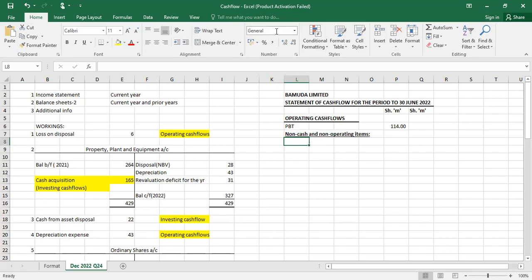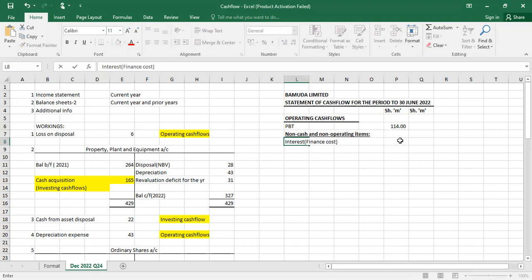Now, this is what we said, that we should start with the profit before both interest and taxation. But as we started with the profit before tax, which is after interest, now we need to make an adjustment for the interest. The interest is the finance cost, so that we make our profit be profit before both interest and taxation.